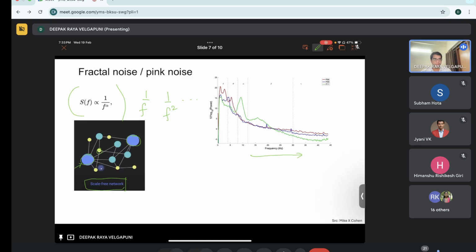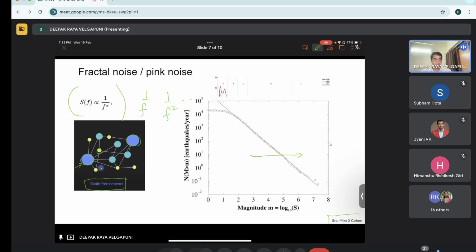Another real-world example is given by Mike X Cohen. You can look into his videos, they're very good. Here it is earthquakes. On the y-axis it's the earthquake frequency, earthquakes per year, and on the x-axis you see the magnitude on the Richter scale, that defines how big the earthquake is.